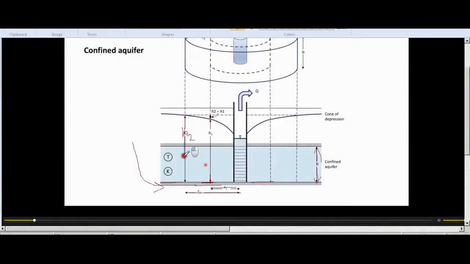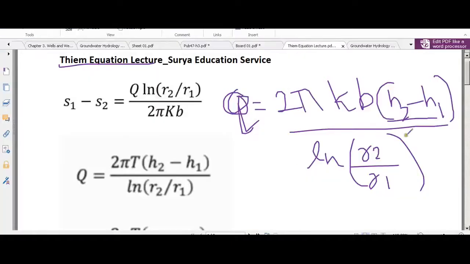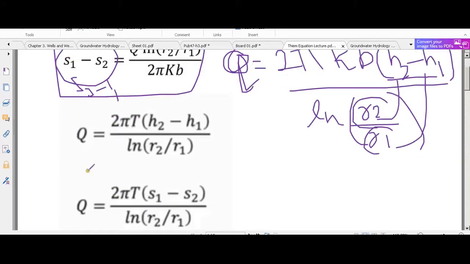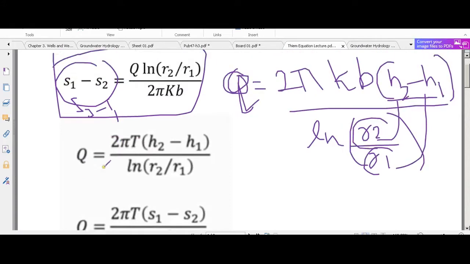Then that is divided by ln of the corresponding radius for h2 and the corresponding radius for h1. The same equation you can represent like this, but keep in mind here it is not s2 minus s1, it is s1 minus s2. The reason is, as I told you, the radius increases and the drawdown height reduces. This is the simple scenario.